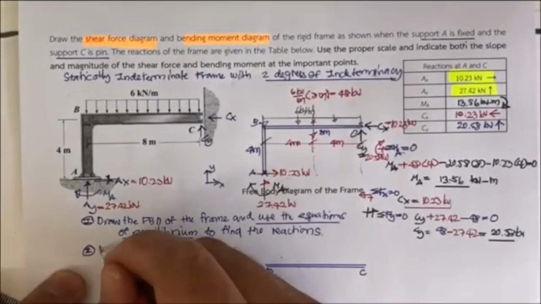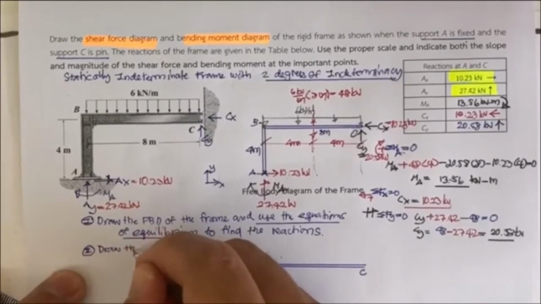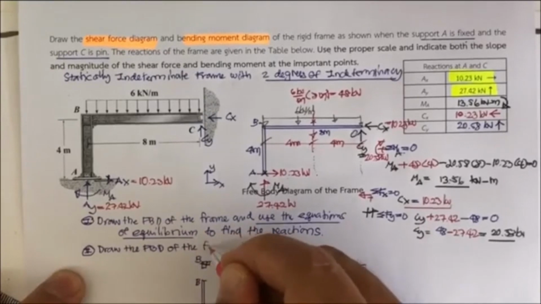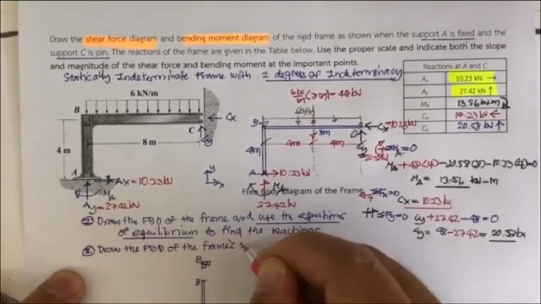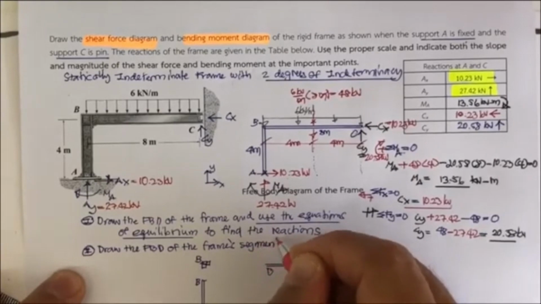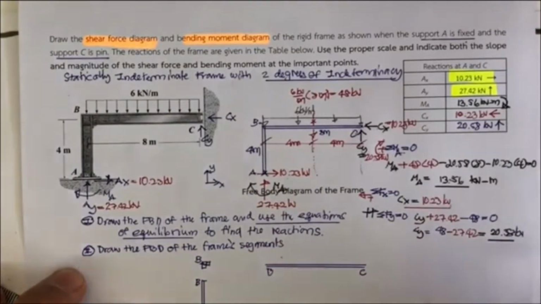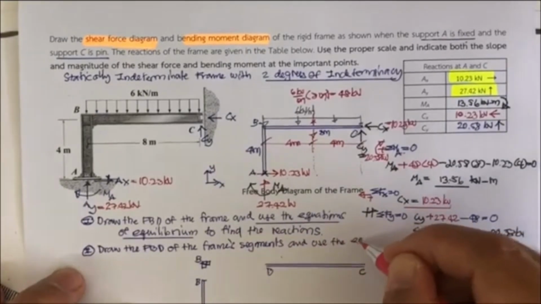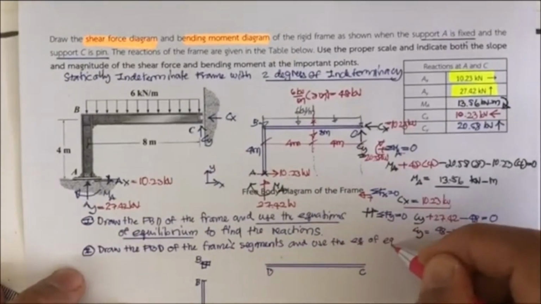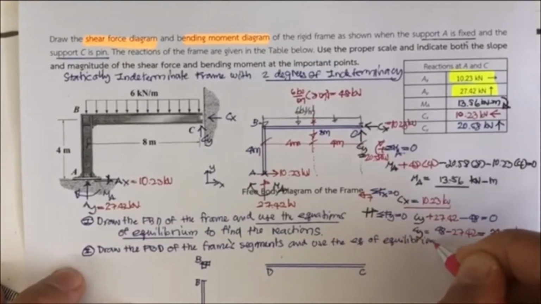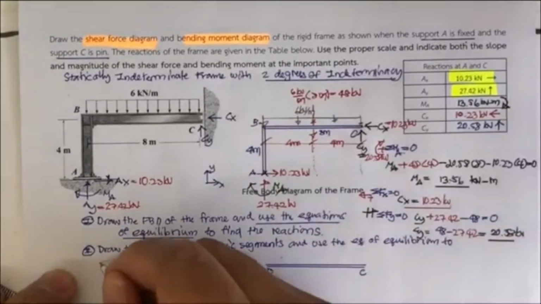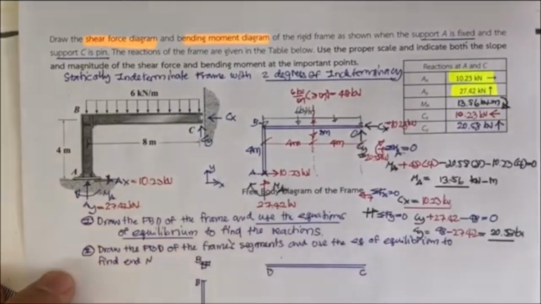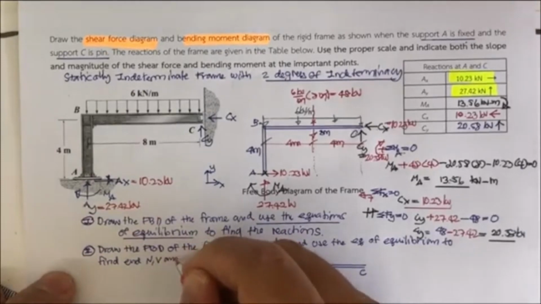So next step, you will draw the free body diagram of the frame segments. You have two segments, AB and BC, and use the equations of equilibrium to find N, V, and M.